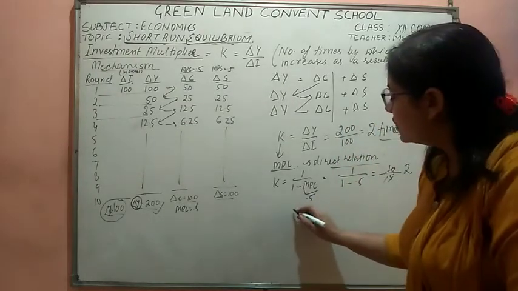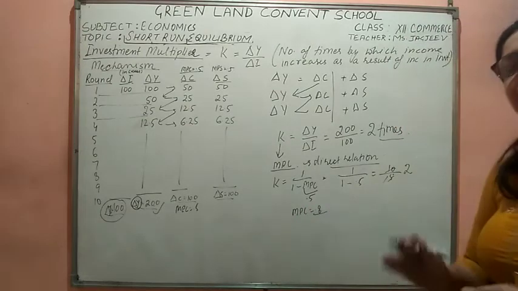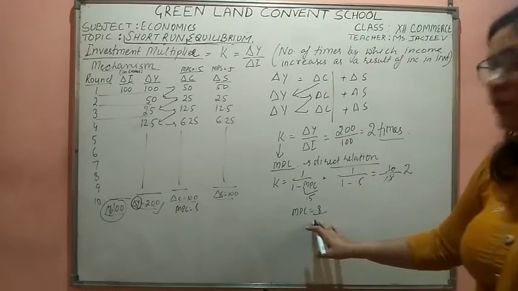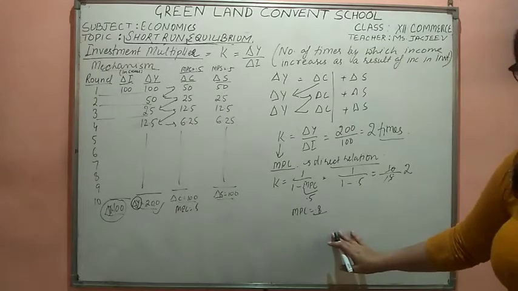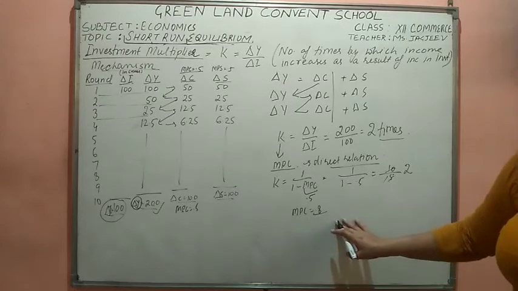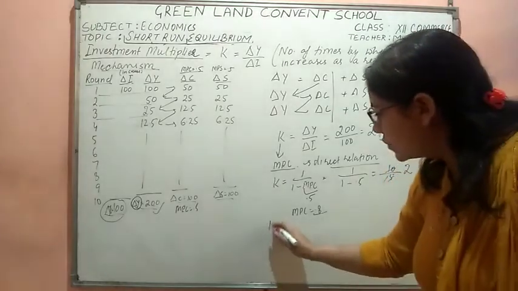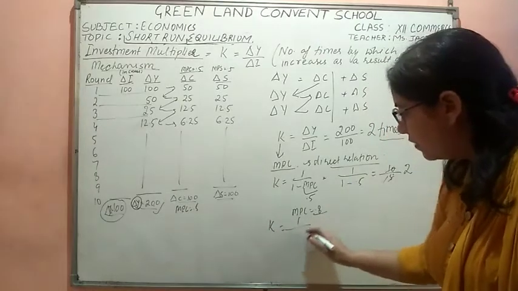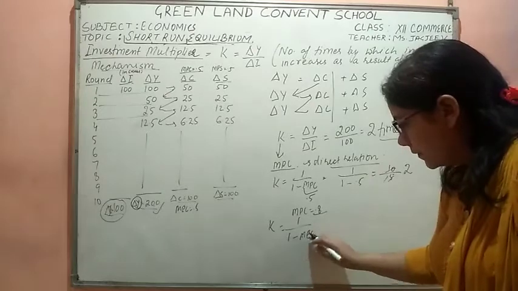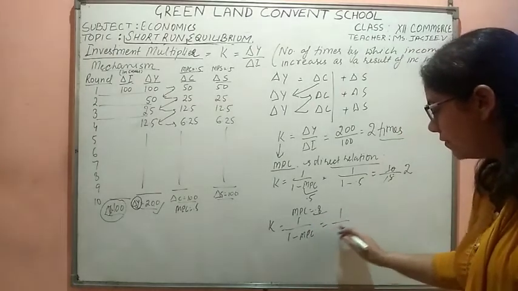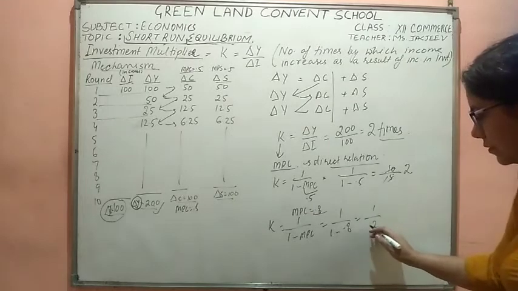If the MPC is increased, let the MPC be 0.8. If the people in that economy are in the habit of consuming more, like in the developed countries, the people are having the habit of consuming more. But in countries like India, we are having the habit of saving more. So what will be the multiplier effect? 1 over 1 minus MPC. It will become 1 over 1 minus 0.8, 1 over 0.2.